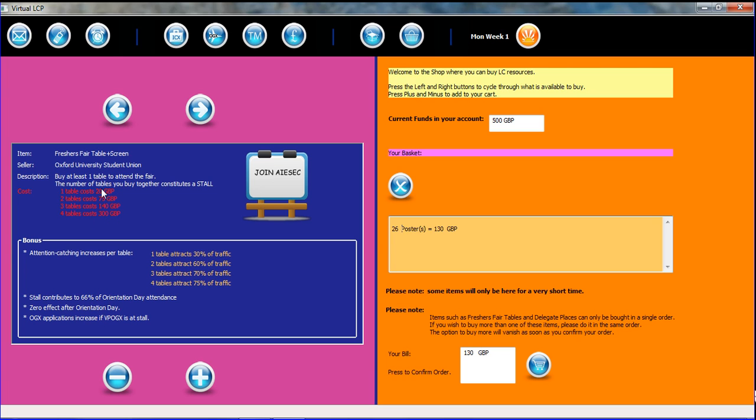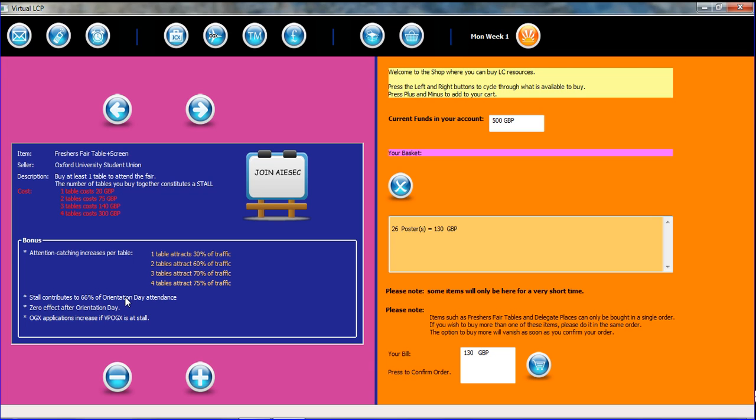So obviously 4 tables is completely out of our budget range. I think 1 would be too small. We'd miss 30% of traffic. No, that's too bad. Especially as this is going to be 2/3 of our orientation day attendance. So it's a choice between 2 or 3. And because our vice presidents are so strong, I think I'm just going to go for 2.